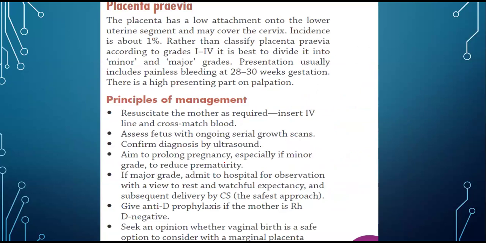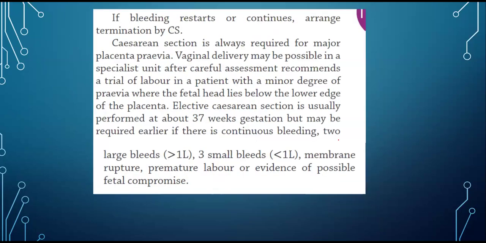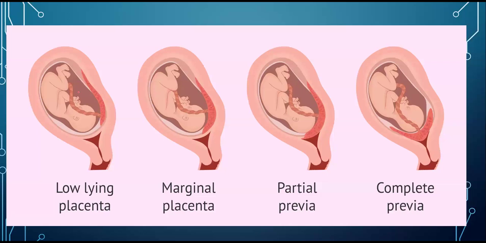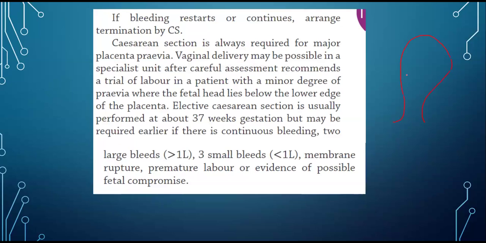There are mainly two causes of antepartum hemorrhage, which are placenta previa and abruption of the placenta, or abruptio placenta. Both of these are very, very important for the exam. So placenta previa means, if you see here in a normal patient, if this is the uterus, the placenta should be on the fundus, which means on the top part of the uterus.